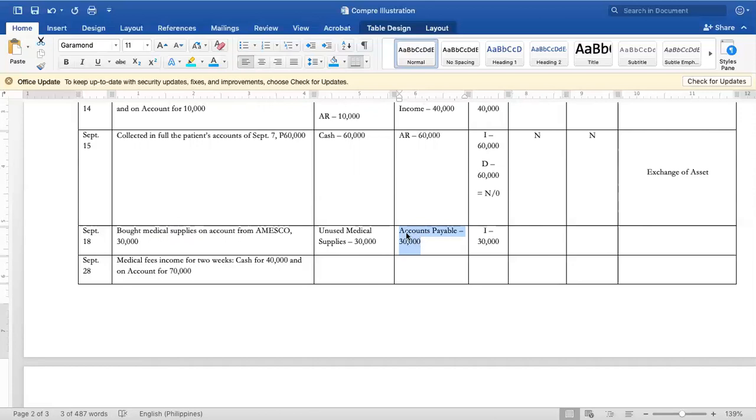You have credited an accounts payable or liability account, so the effect on your total liability is to increase by 30,000, because the normal balance is credit. How about owner's equity? No effect because no equity account is involved. So type of transaction: increase in asset, increase in liability. It's a source of asset type of transaction.